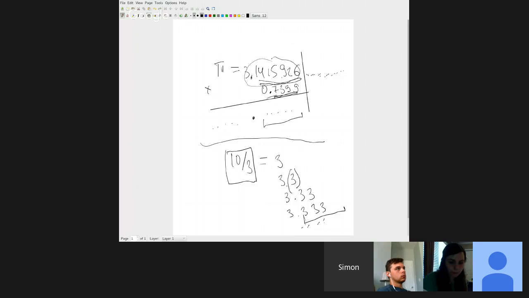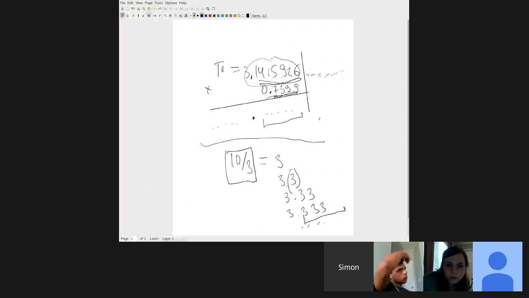Does it really make sense for us to store all these 3's in memory? Since there are infinitely many digits, we're obviously going to consume all the computer's memory. So instead, we deal with numbers of this kind from a different perspective. Instead of saving this, we just save number 10 and number 3, and that's it.